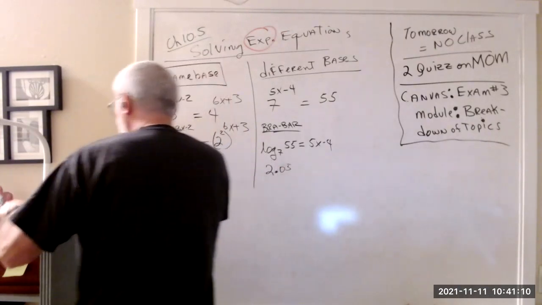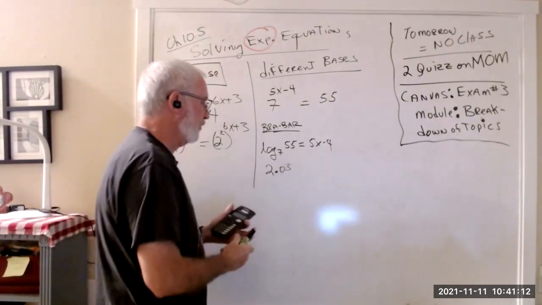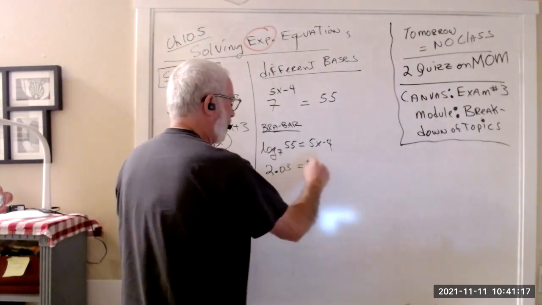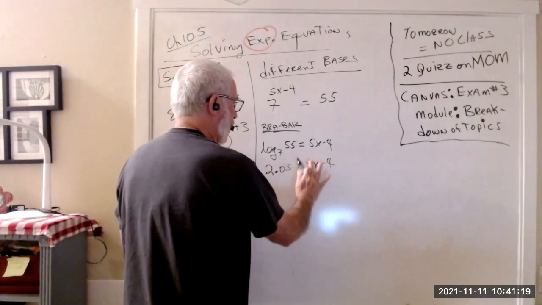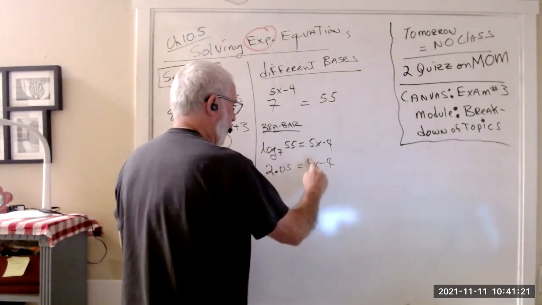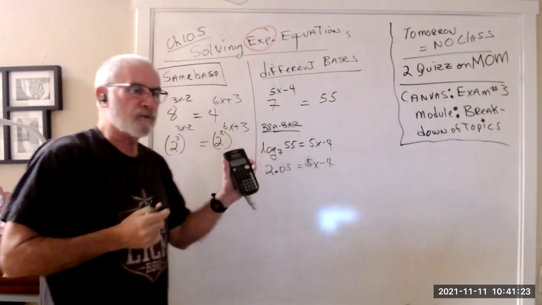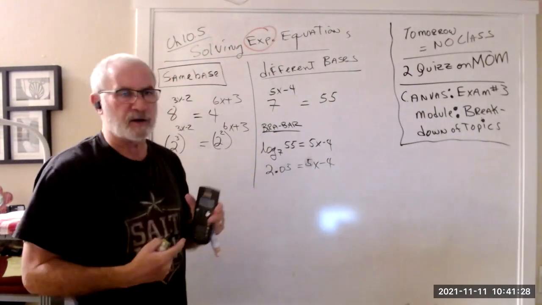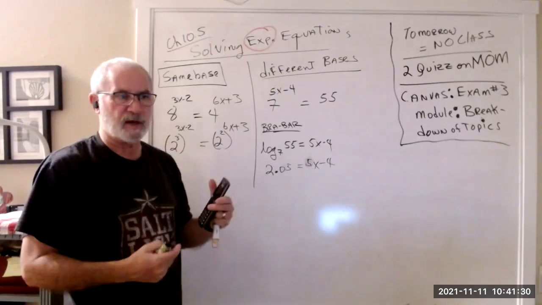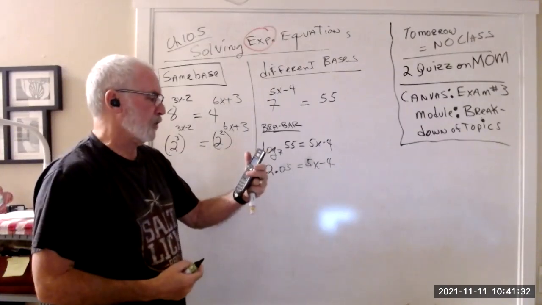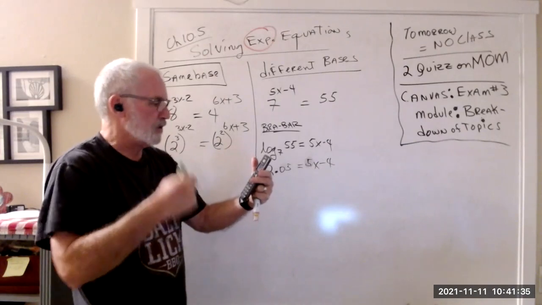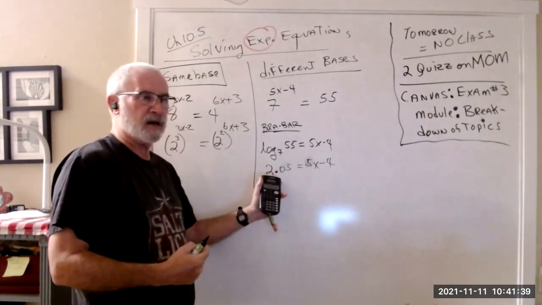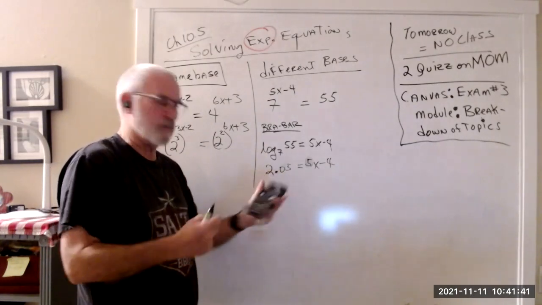But you're not going to use 2.05. 2.05 equals 5x minus 4. Sorry for talking like this. All of your calculations are going to be done here. You're just writing this down to keep track of everything. The actual number is 2.0593618881, but I don't want to write all that crud down. I'm just going to write down the important part.